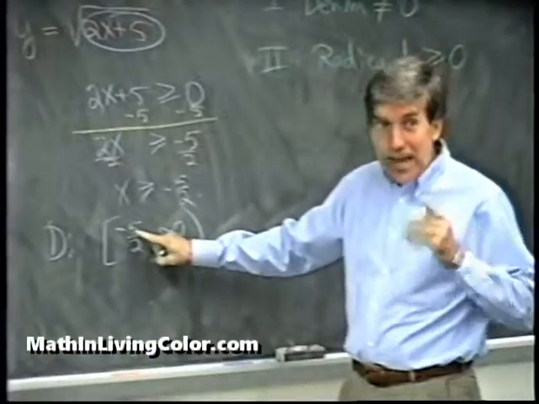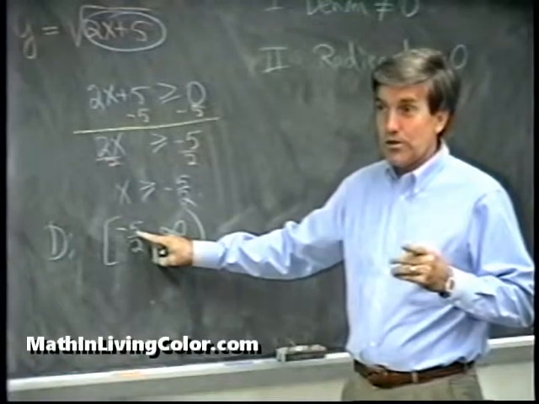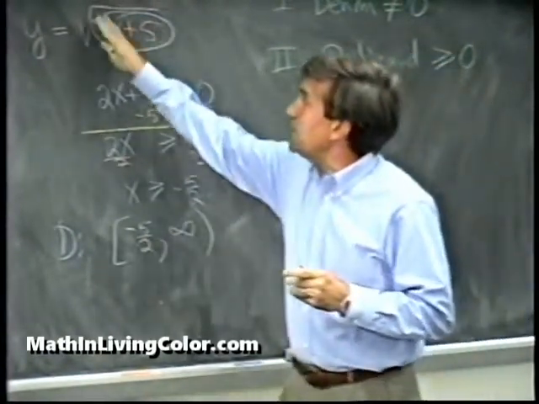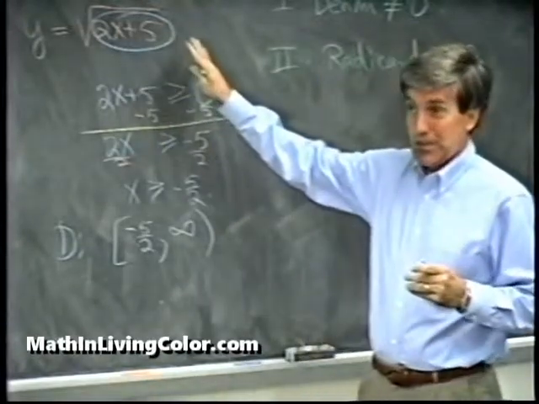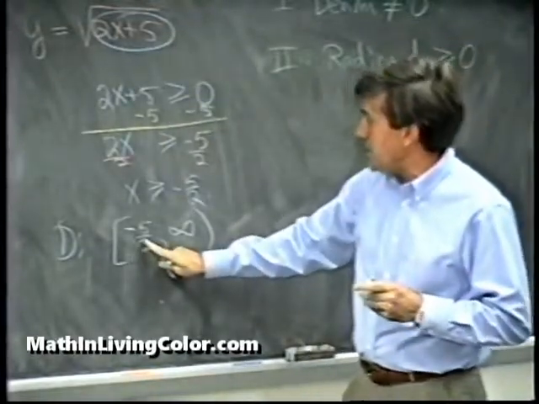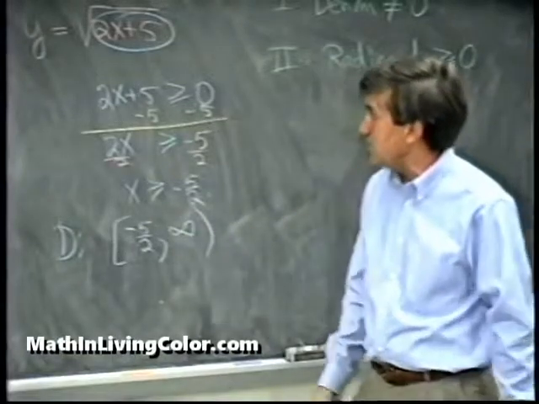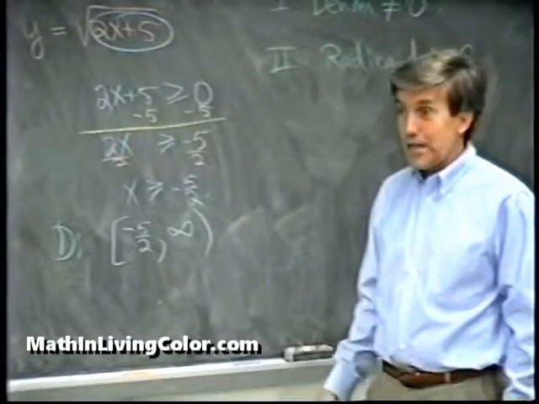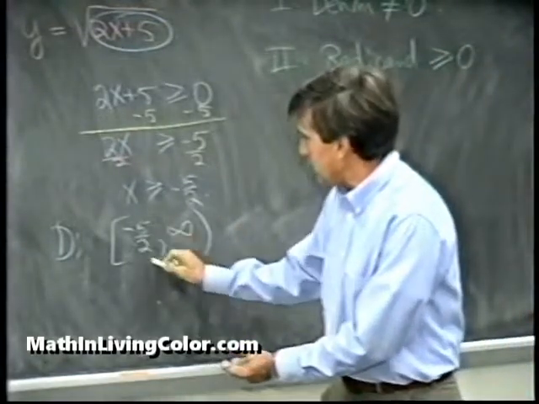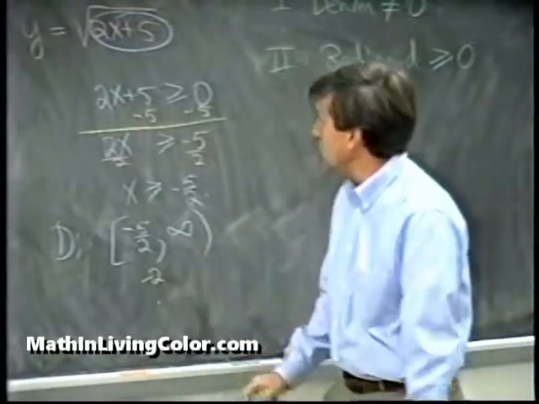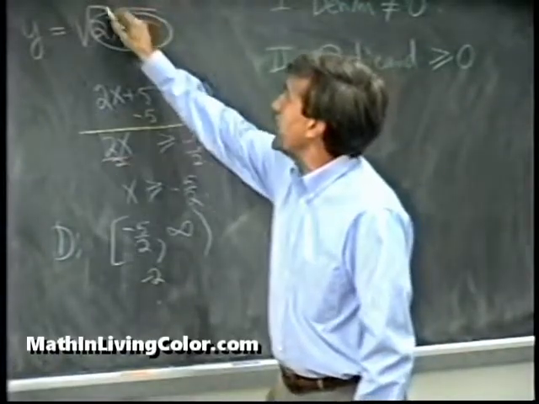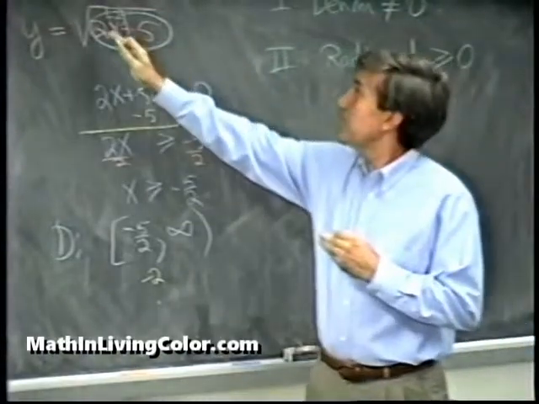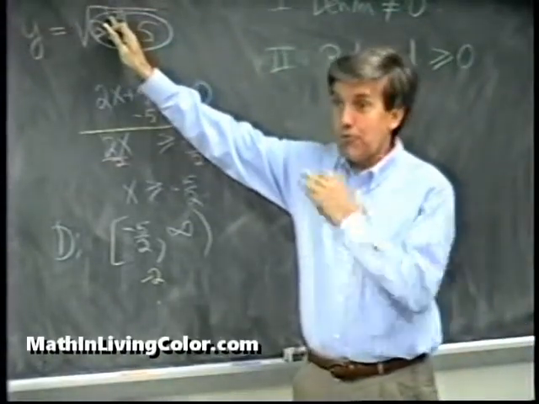Now, did we say that x can't be a negative number? We said that the quantity in the radical cannot be negative. So let's pick a number in here. This interval looks like it includes negative 2. Do you think negative 2 would be allowed in this? Take negative 2 because that's within this interval, and substitute negative 2 in place of the x. Do you think negative 2 would be permissible in this problem? 2 times negative 2 would be negative 4.